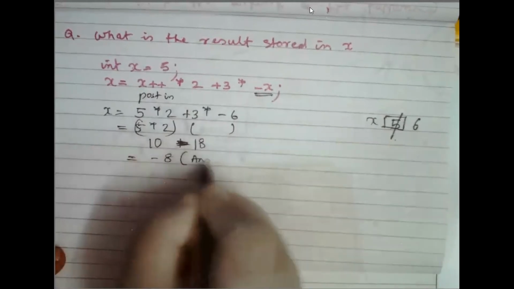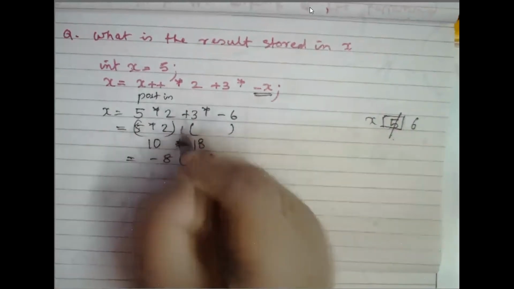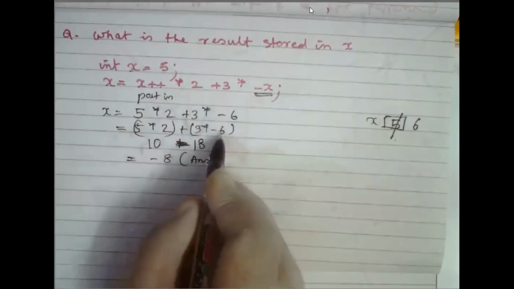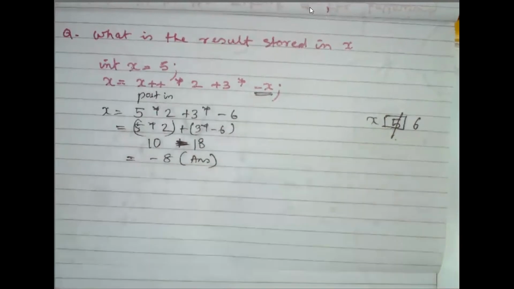Because of this plus 3 into minus 6, the negative 6 will make it minus 18. So 10 minus 18, I'll get my answer to be minus 8.